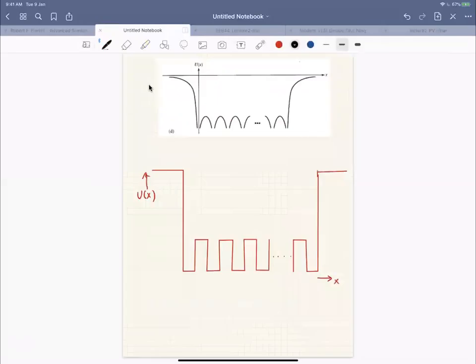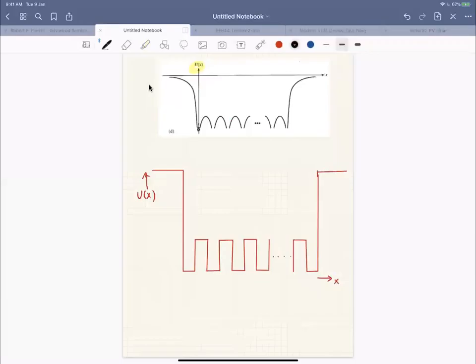The students who are registered for the lab course will have one assignment to solve the Kronig-Penney model. Here you could approximate: let's say this is my potential landscape U(x), but I could approximate it by something like this.